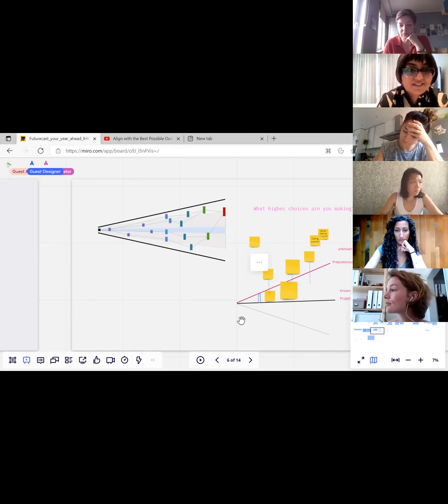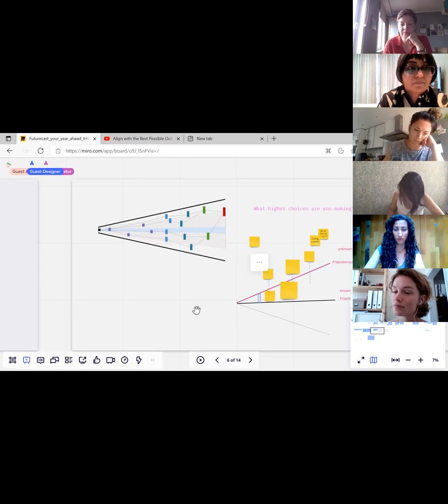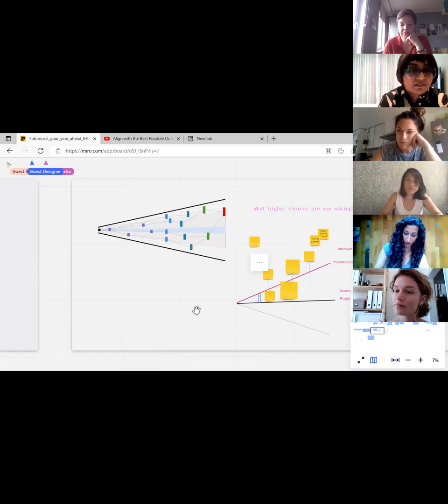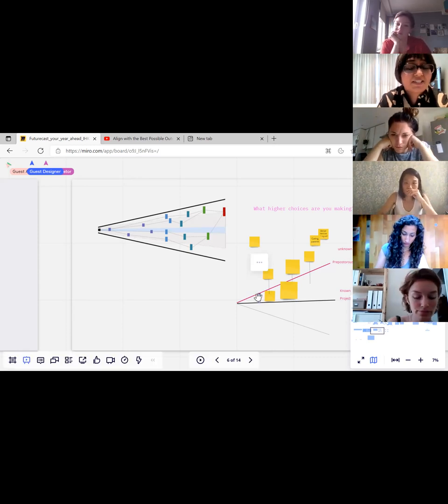That higher choice is an abstract word. It could be: do I need to be more bold? Do I need to be more serene? Do I need to accept more resources or be more supported?